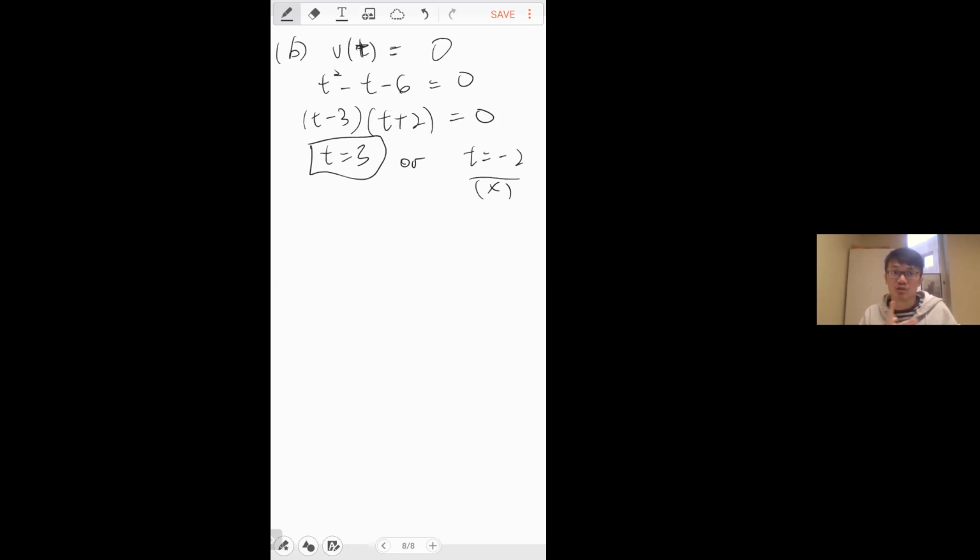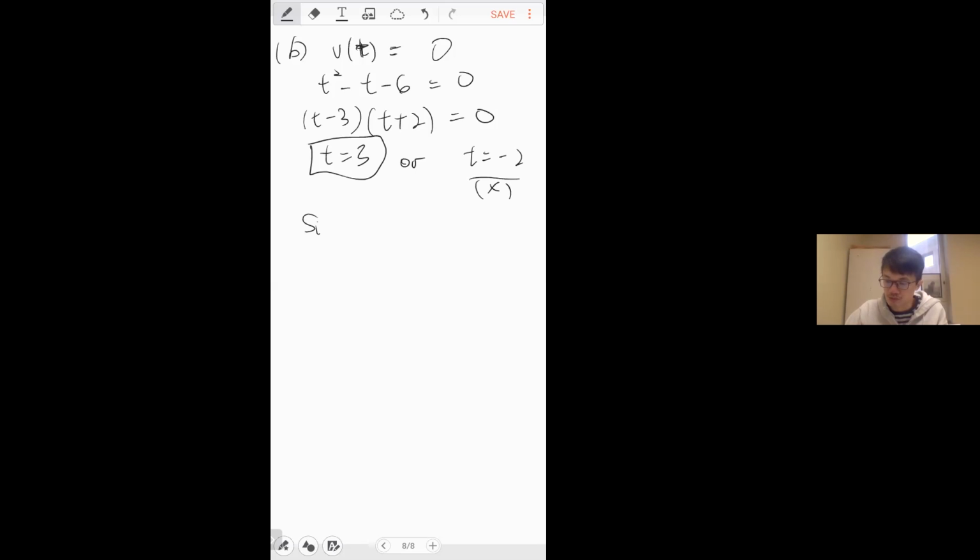So that means there are two situations. From 1 to 3, the particle could be moving forward, and then from 3 to 4, the particle would be moving backward.